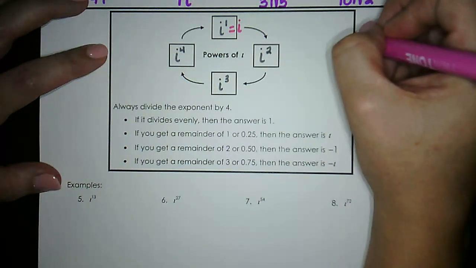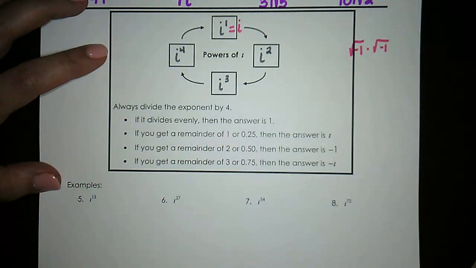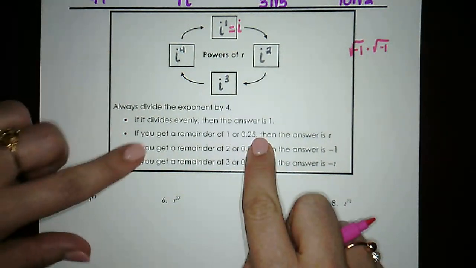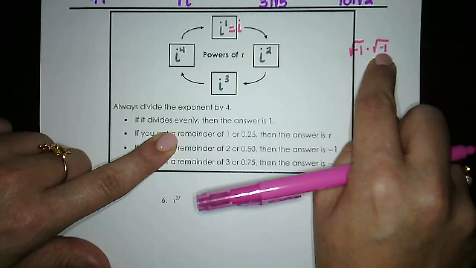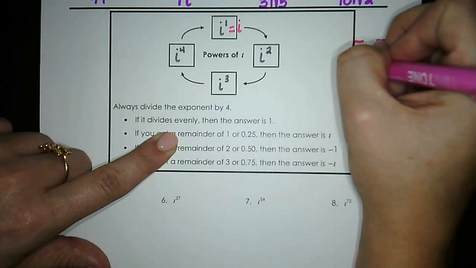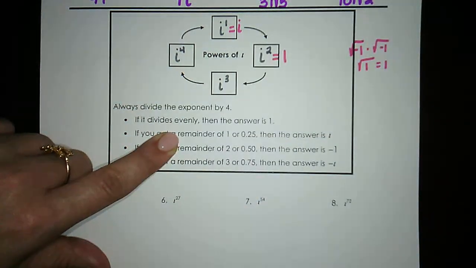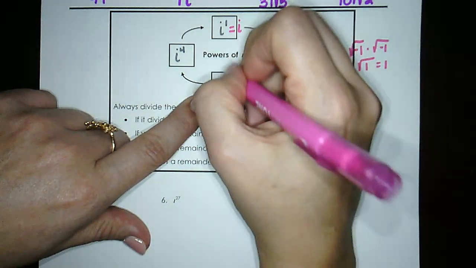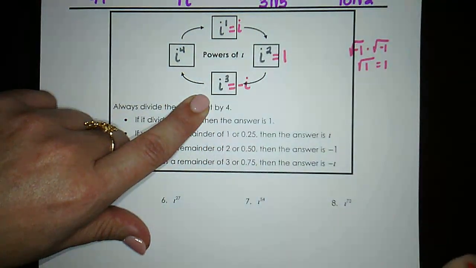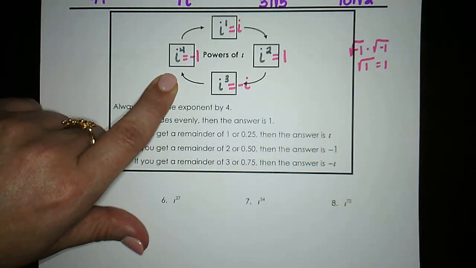i squared, this is -1 times -1. So I have negative times a negative is a positive, and the square root of 1 is just 1. So this becomes a 1. i to the third power is going to be -i. i to the fourth power is -1.